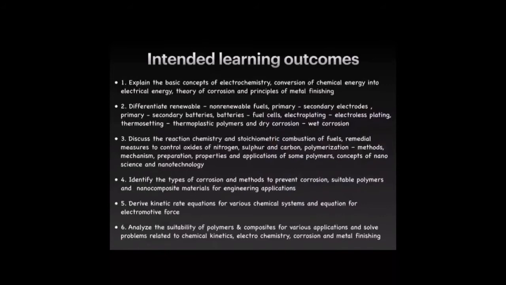You have to derive the kinetic rate equations for various chemical systems and equations for electromotive force. Last, you should analyze the suitability of polymers and composites for various applications and problems related to chemical kinetics, electrochemistry, corrosion, and metal finishing.